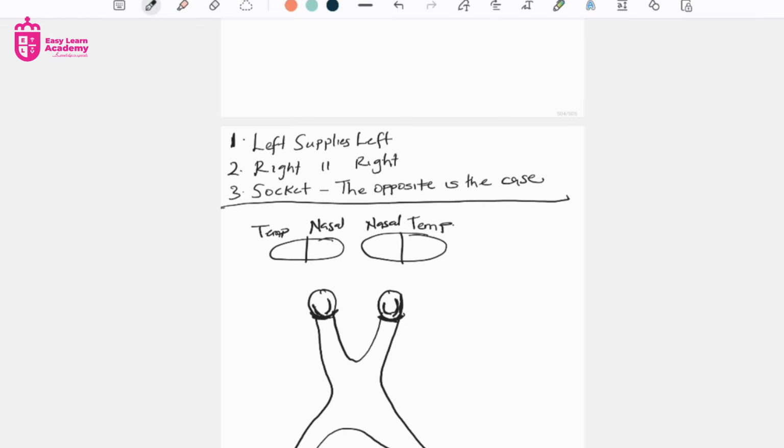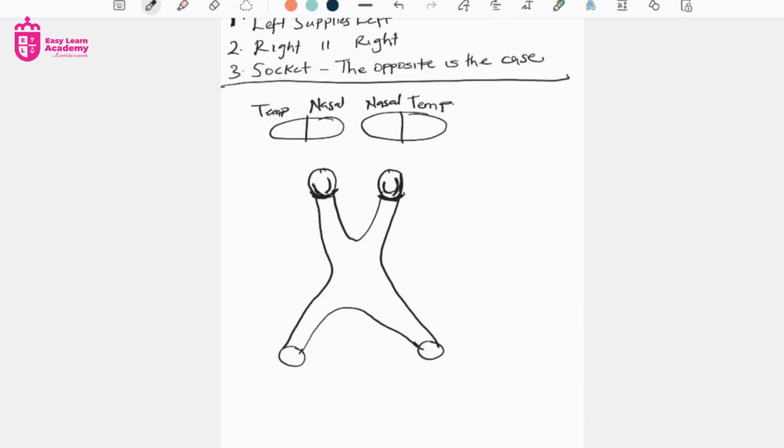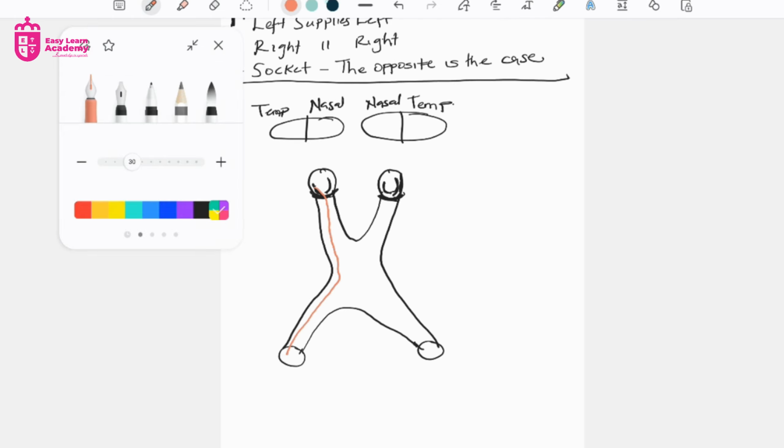Okay, so let's now play with what we've said. Let's play with the rules. So I'm going to use different colors. What I want to do now is to draw the pathway, and I'll start with the eye socket and draw down towards the nerve. So this one, you can see the color. It's moving here. This is the left. Let me label this properly.